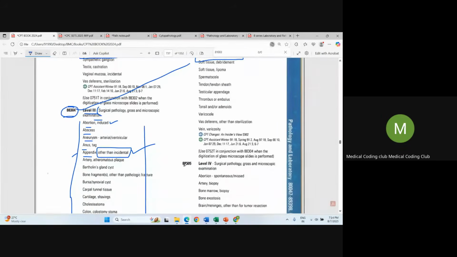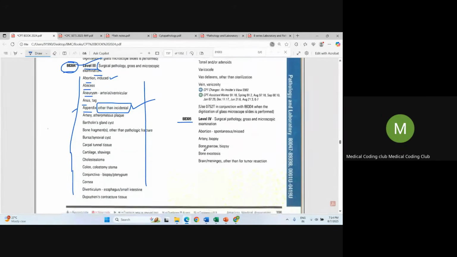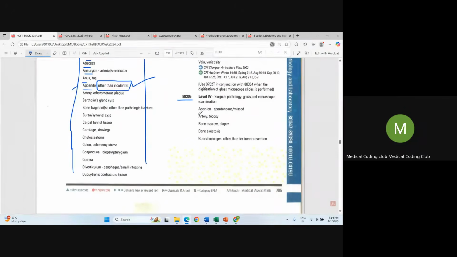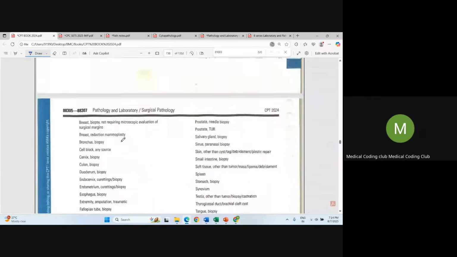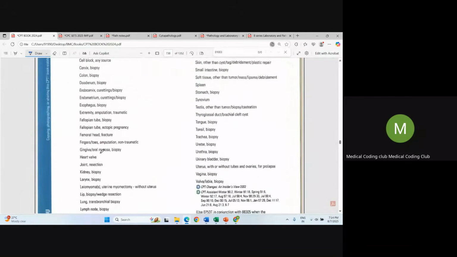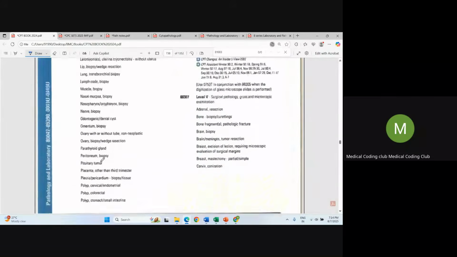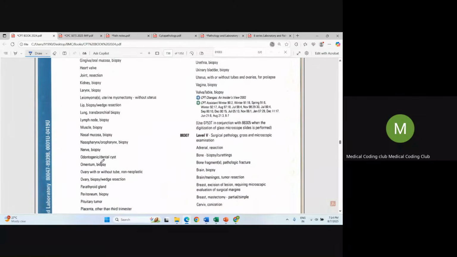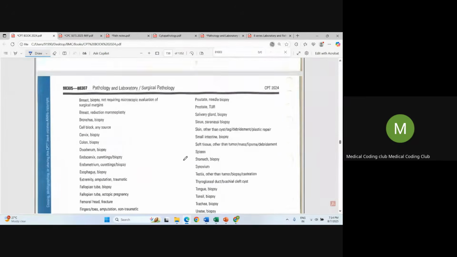Same way, check under 88305. Here you have abortion, spontaneous, missed, and it goes on. And again you have the skin under 88305. It says skin other than cyst, other than tag, other than debridement, other than plastic repair.